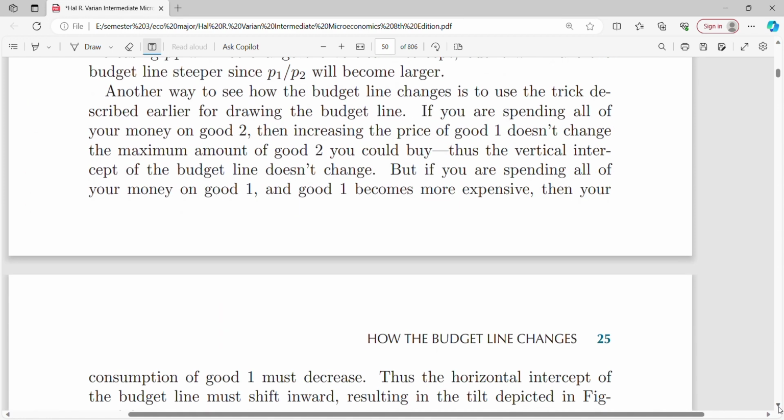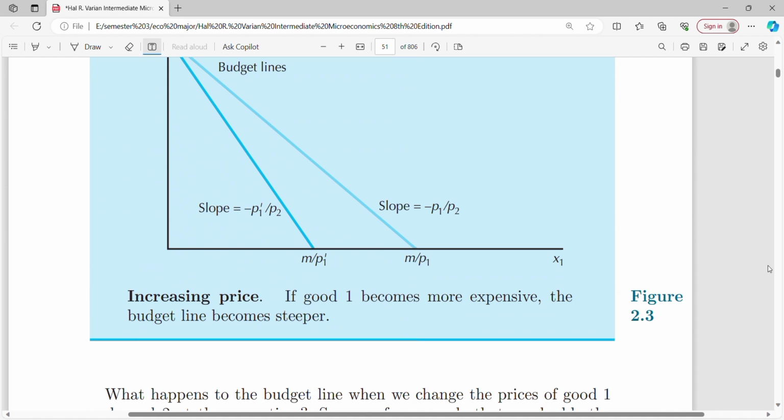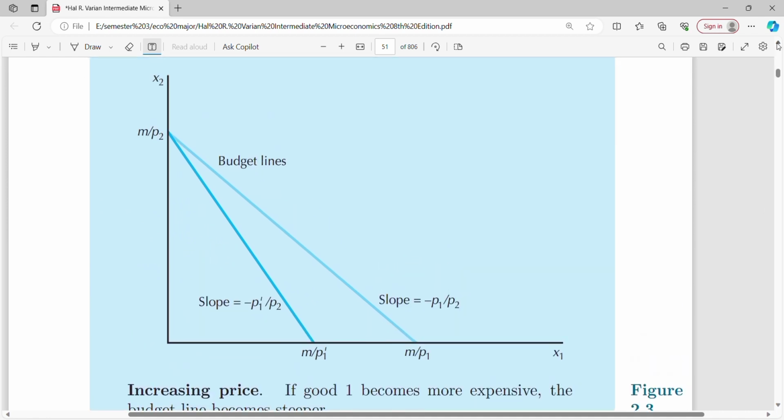And what if the prices change? That's also very easy. If talking of good one, if it is more expensive, the budget line will become steeper. Imagine in the first case, the good one bundle stands here.